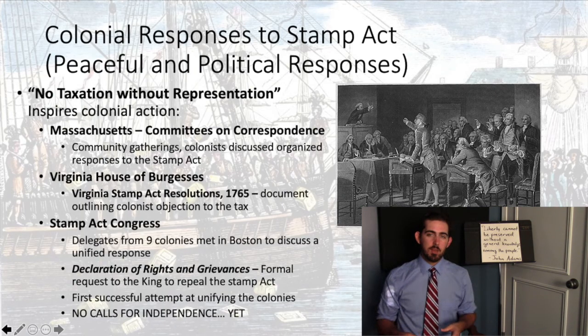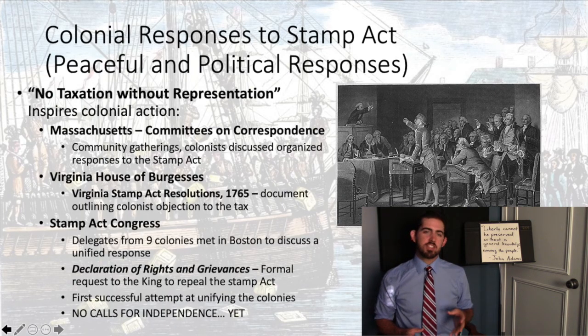The most significant peaceful response, however, was the Stamp Act Congress, the first major intercolonial convention. 9 of the 13 colonies sent delegates to the Stamp Act Congress, which drafted and issued a document called a Declaration of Rights and Grievances. The declaration included a formal request to King George that he repeal the Stamp Act.